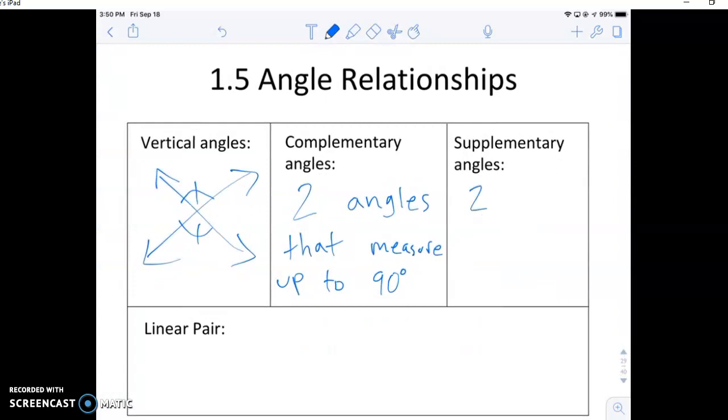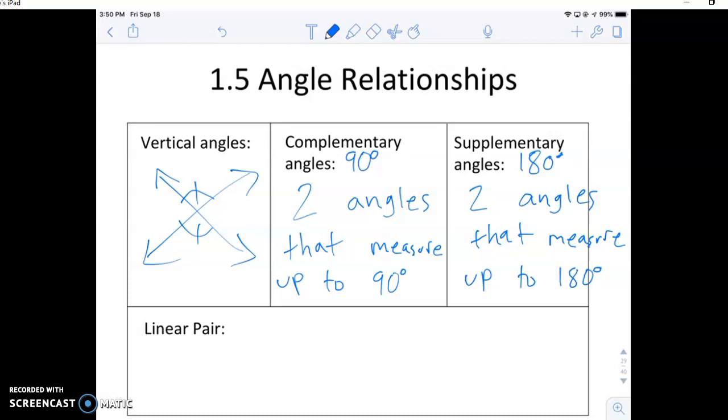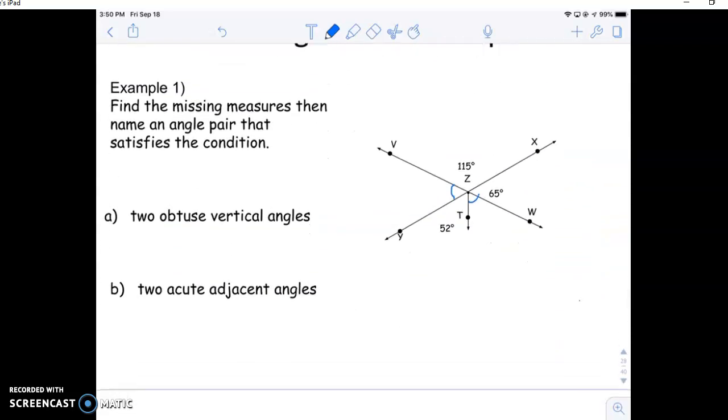Supplementary is the same thing, two angles, the same but different. Two angles that measure up to 180 degrees. Alright, so complementary 90 degrees, supplementary 180 degrees. Alright, and then we'll go back to that example here.